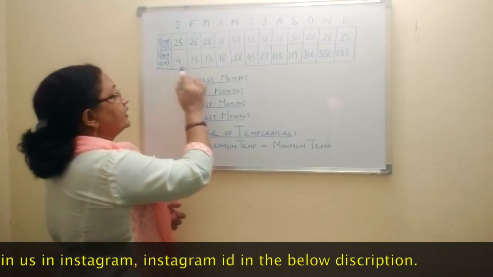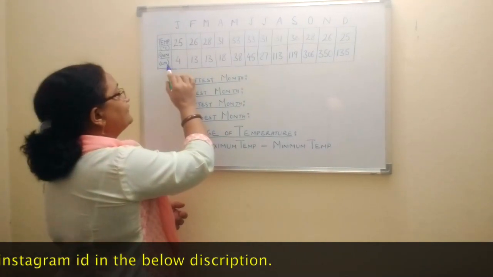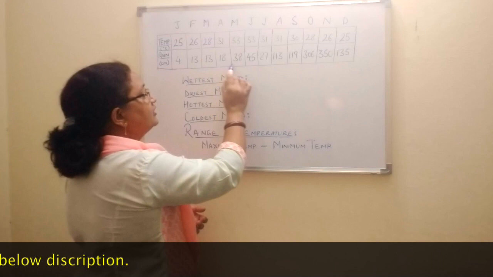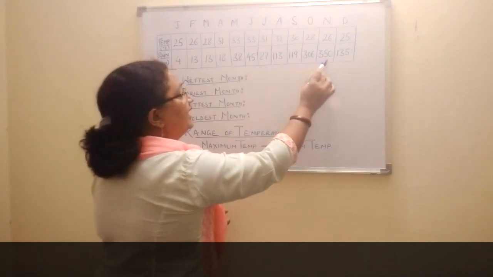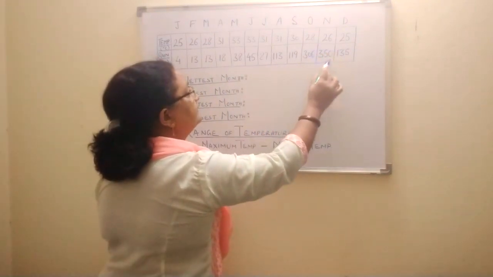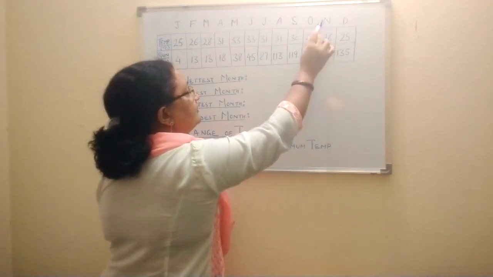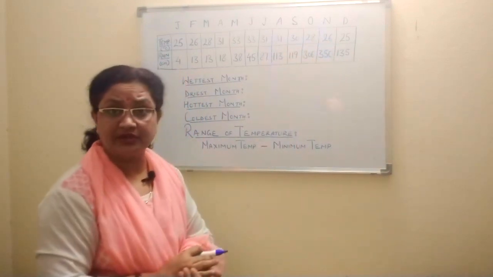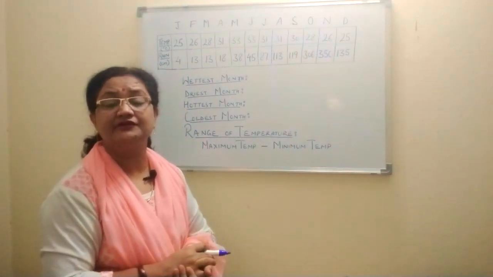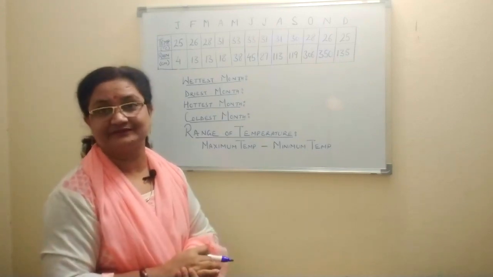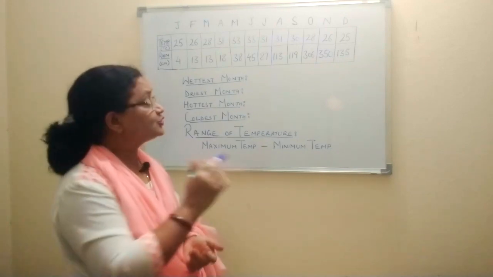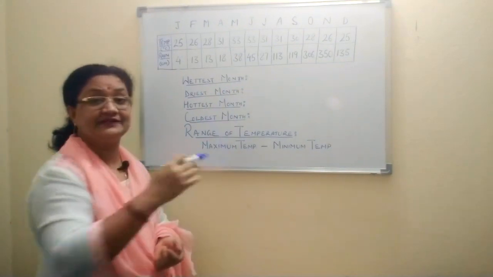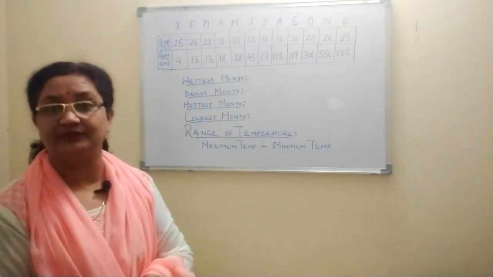The rainfall one, right? You have to just check the rainfall column, and in this, maximum rainfall you can find here is received during the month of November. Okay, which is how much? 350 centimeters, right?